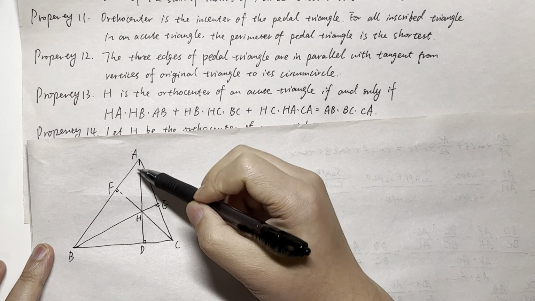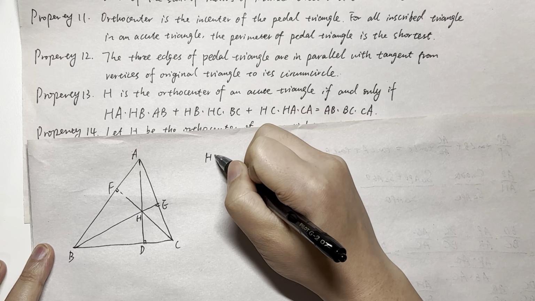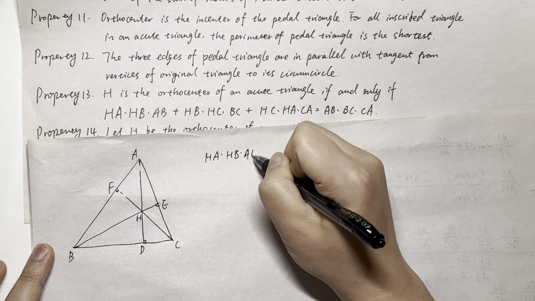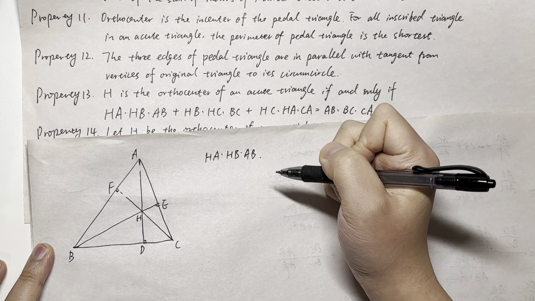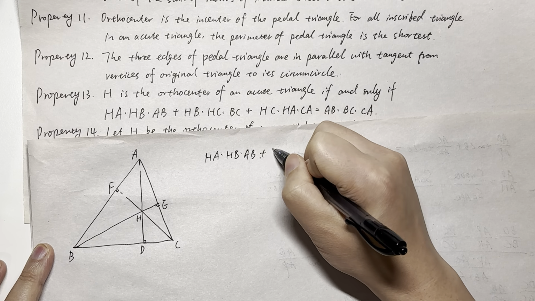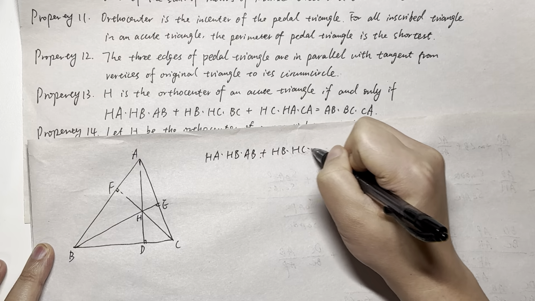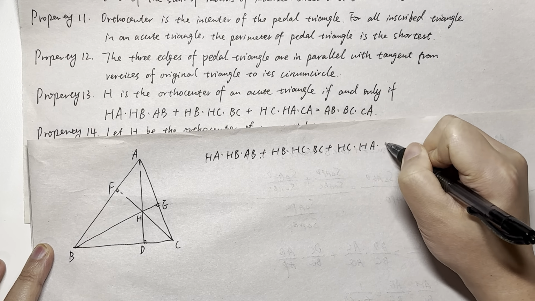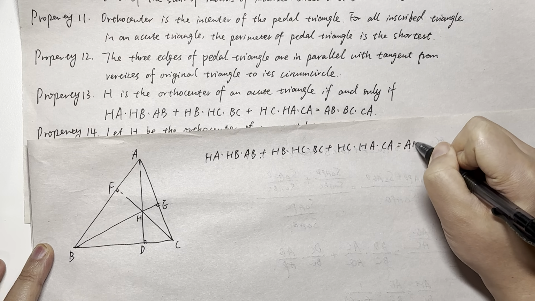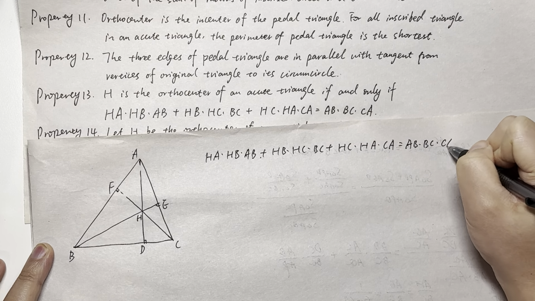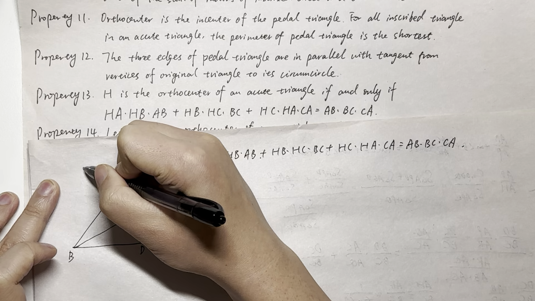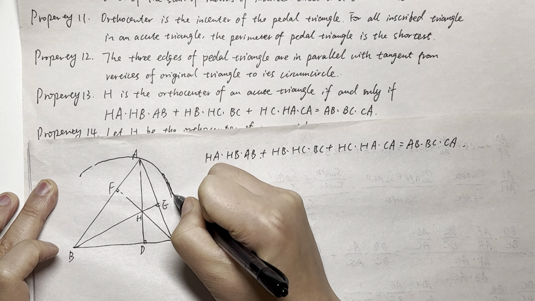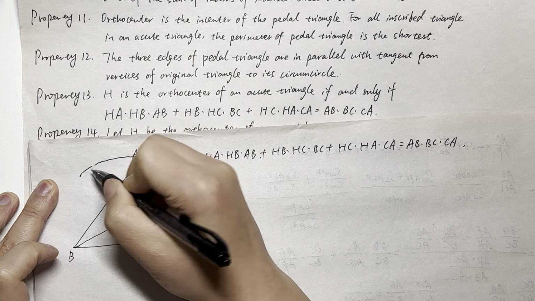So we want to prove that HA times HB times AB, right, plus HB times HC times BC plus HC times HA times CA equals AB times BC times CA, right? So for this problem, actually, let me draw the circumcircle here.